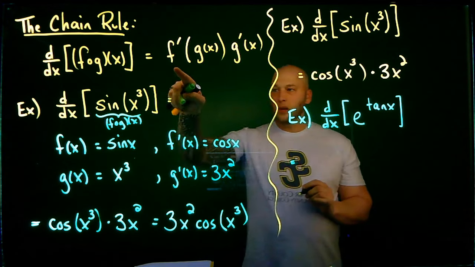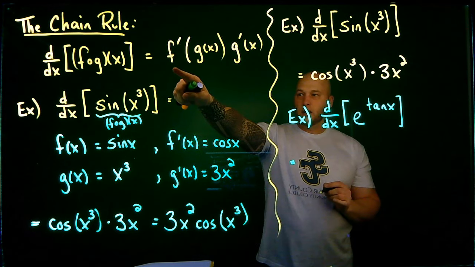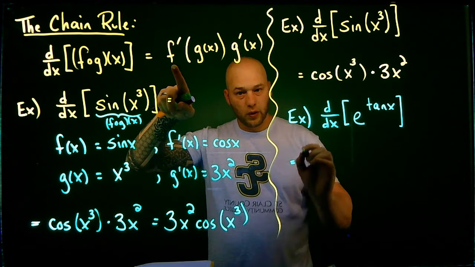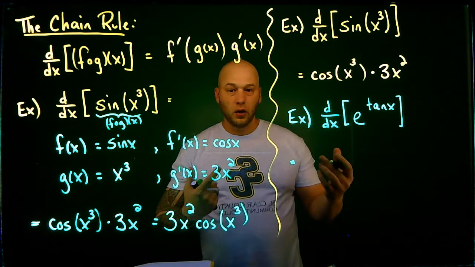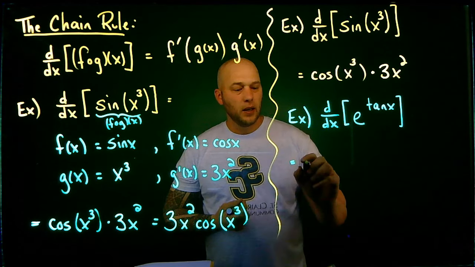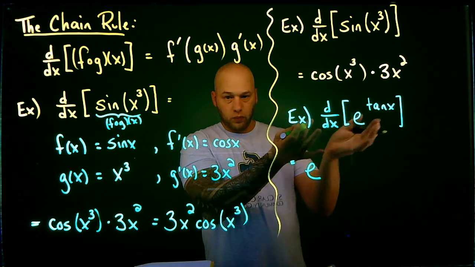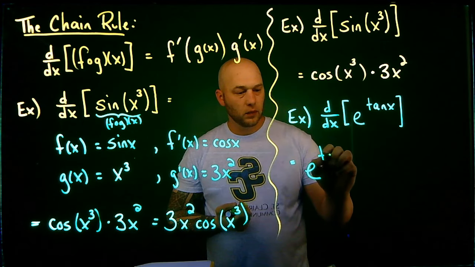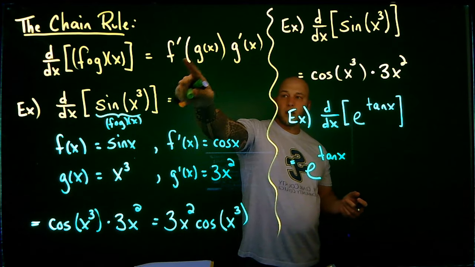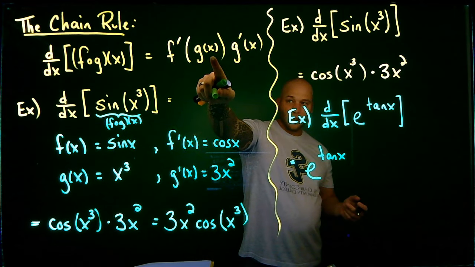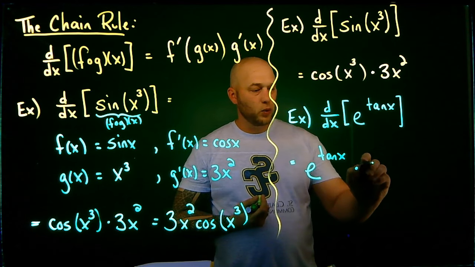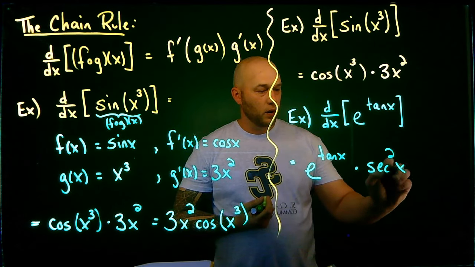Therefore, if I follow along with this formula, this says differentiate the outside, which is the exponential function, and of course the derivative of the natural exponential function is e to whatever's inside. The derivative of e to the x is e to the x, so this would be e to the x composed with the inside, which was tangent, and then multiplied by the derivative of the inside, which would be secant squared of x.